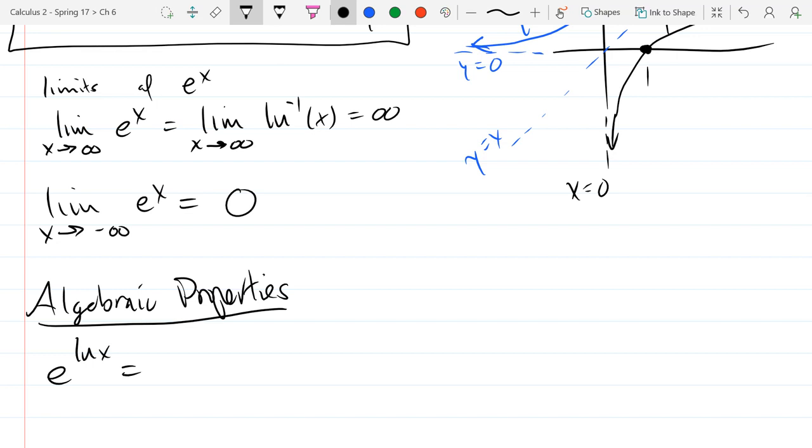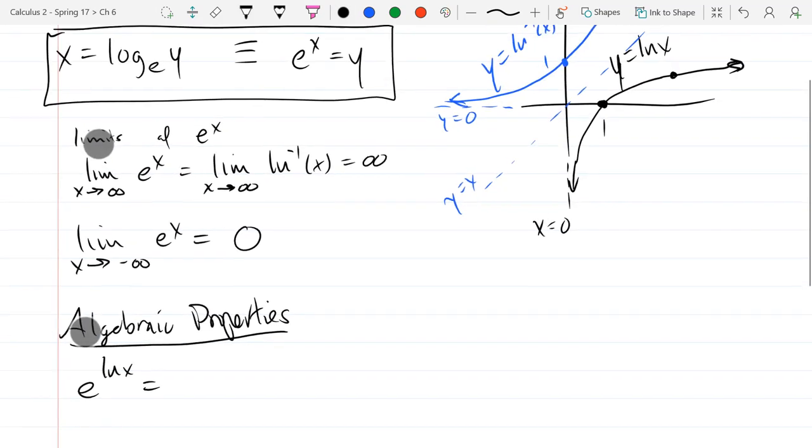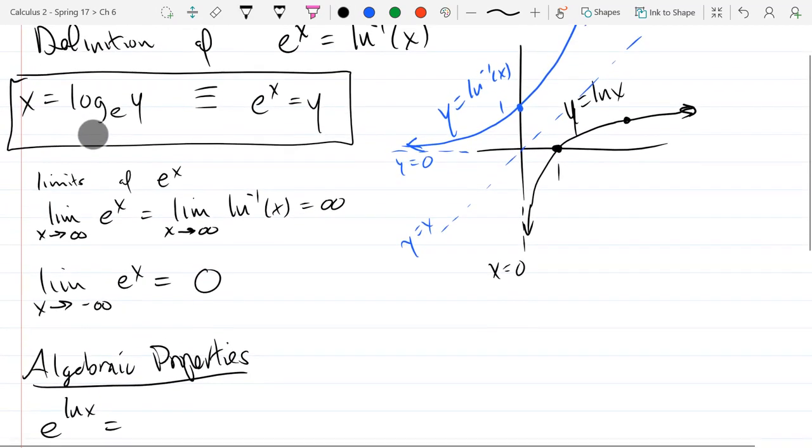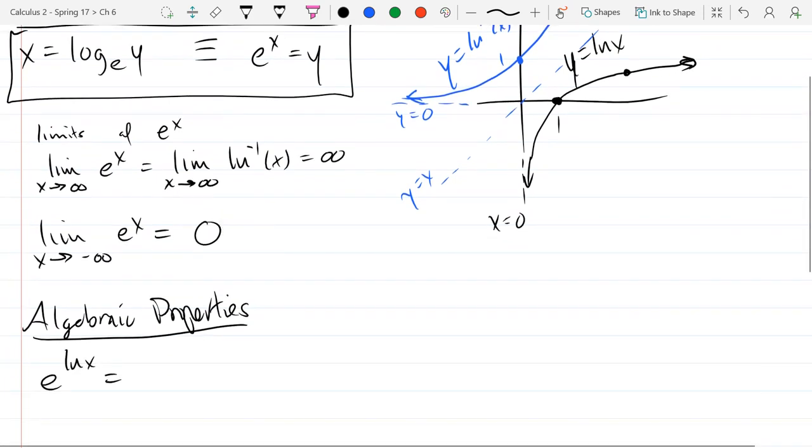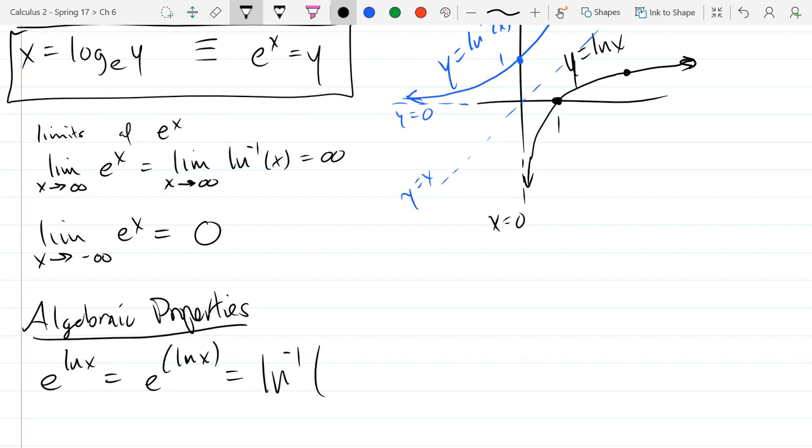So the first one is e raised to the ln of x power. The only thing I've really told you about e so far is that it's ln inverse. So you could think of this as being in parentheses, and then e is the ln inverse function. What happens if you go function inverse of function of x?